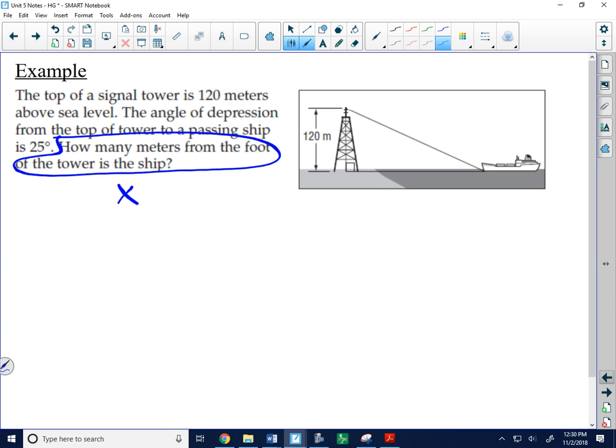I'll call that X. So here's what I want you to do. Label those two. Most of what this section is about is having a good picture labeled correctly and then setting up a trig equation. So I want you to label the X, what we're trying to find, and I want you to label 25. Take 30 seconds, label those two.